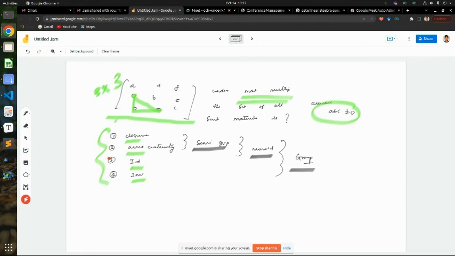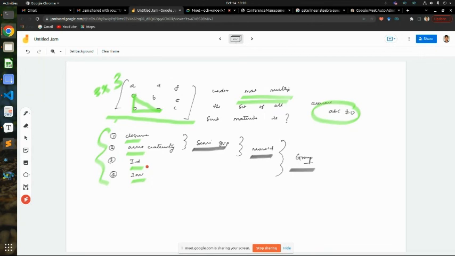Right? Now the third property we discussed is identity. Now for identity to be satisfied, you need to search for the element E. Now for matrices, the element E is straightforward. Basically, it is the identity matrix. Right? At last, we discussed the inverse property.